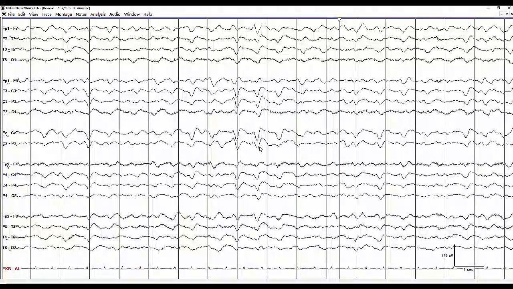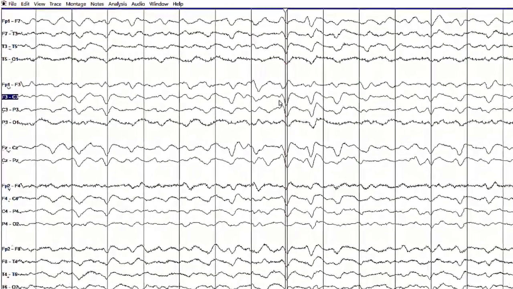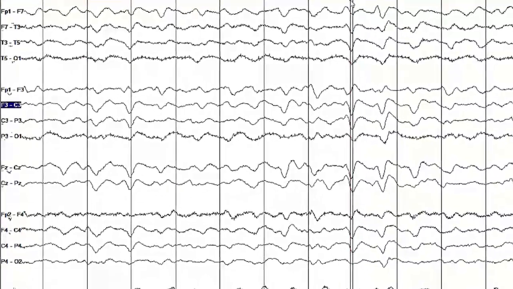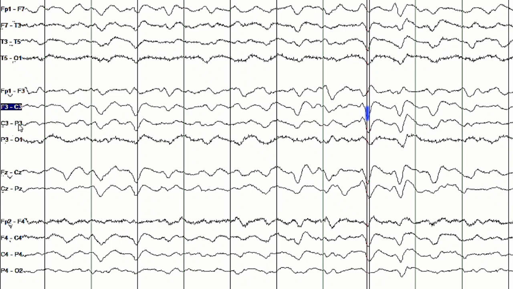These are well-formed GPDs with triphasic morphology, and they have a clear anterior to posterior lag. For example, in the F3-C3 channel, the second phase, which is downward deflecting, the peak is there. But if we look at the C3-P3 channel, the peak of that downward second deflection is there. And then in the P3-O1 channel, the peak of the second downward deflection is there.